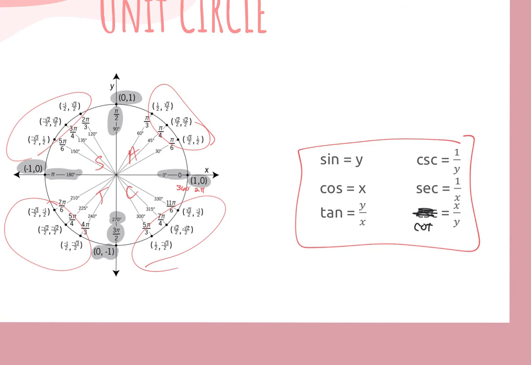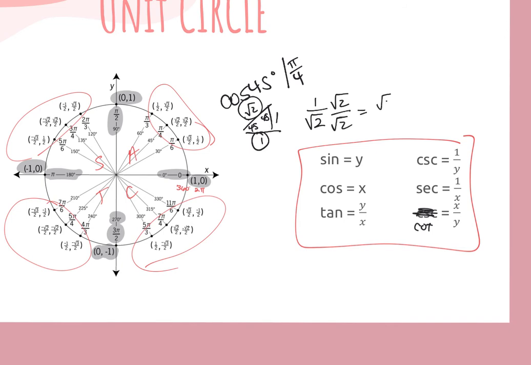So now let's just say I said find the cosine at 45 degrees, which I will give in terms of radians, which would be pi over 4. Instead of drawing out a right triangle that is 45, 45, with sides 1, 1, root 2, and finding adjacent over hypotenuse, which would be 1 over root 2, which gets rationalized to root 2 over 2, instead of doing that work, I could use my unit circle.